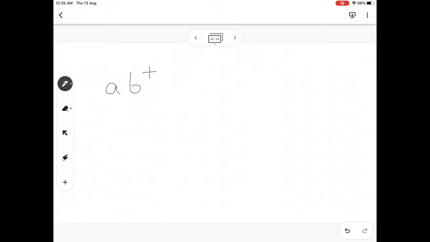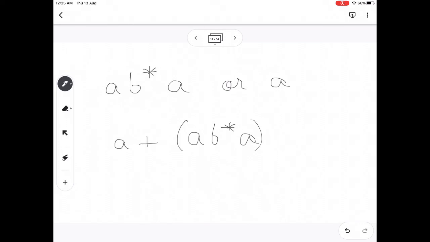A B star A, or A. It can also be written as A plus, or means plus, A B star A.